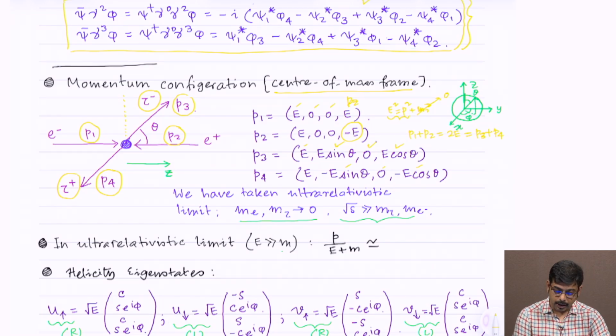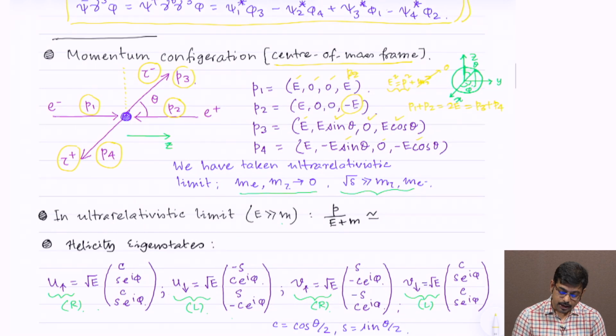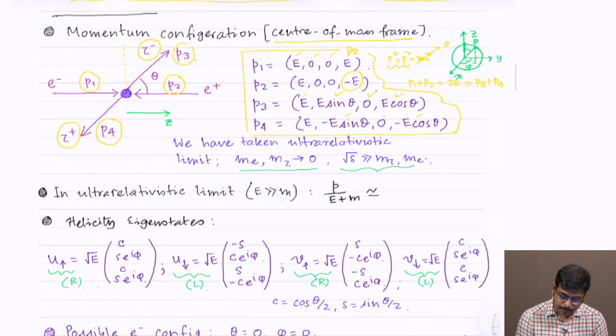So, this is essentially the 4 momentum assignment that we have for this particular reaction in the center of mass frame. Now, this is something that you can always do whenever you have a 2 to 2 collision in the center of mass frame, where you are neglecting the masses, which I mentioned time and again, that m tau or m e, so to say, is almost equal to 0 in the limit where the center of mass energy of this reaction, square root of s, is way larger than m tau and m e.